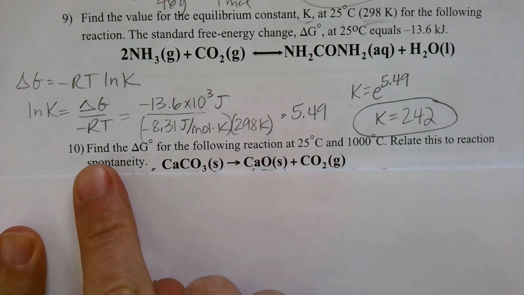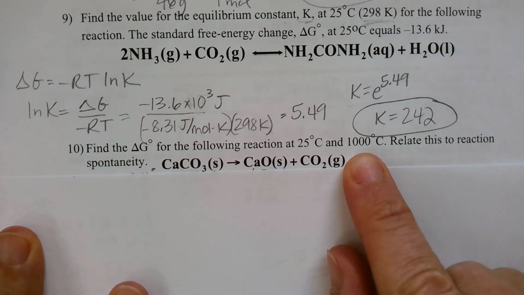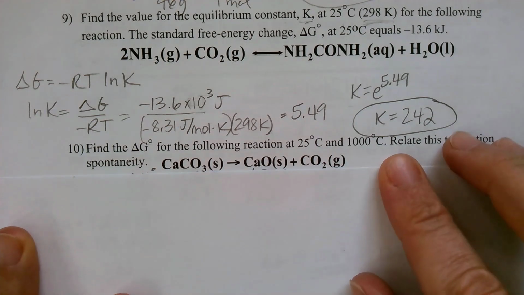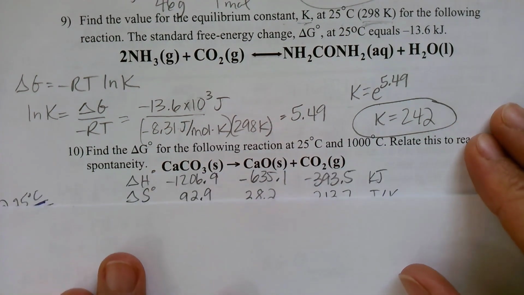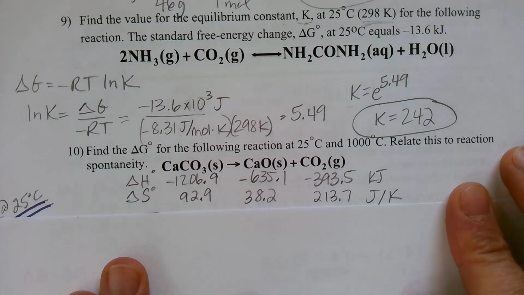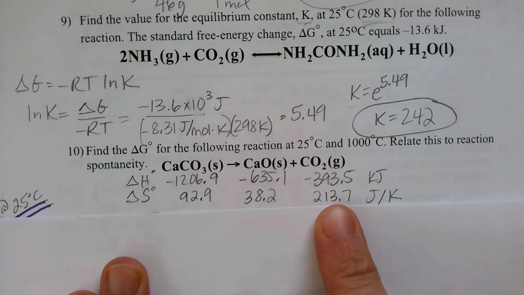Finally, number 10, we want to find delta G for the following reaction at 25 degrees Celsius and 1,000 degrees Celsius, and relate this to spontaneity. So we need to look in our appendix and find our enthalpy and entropy values for calcium carbonate, calcium oxide, and carbon dioxide.